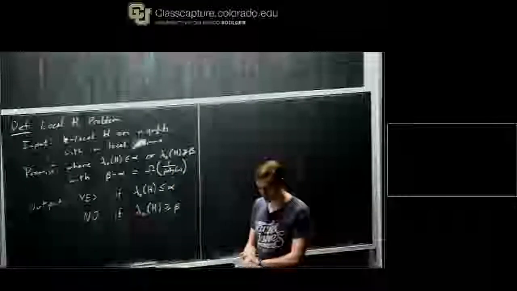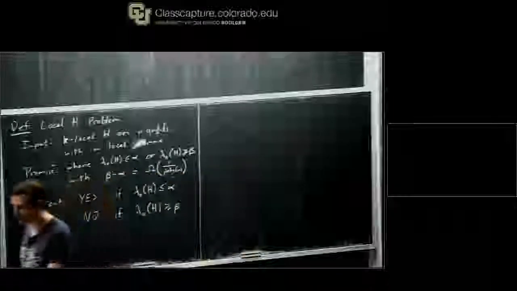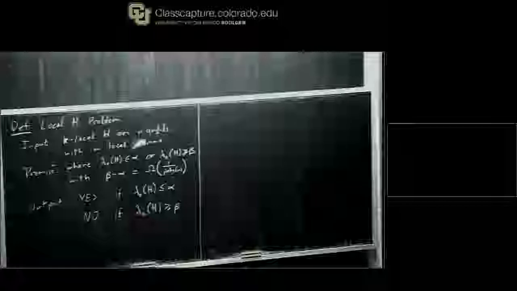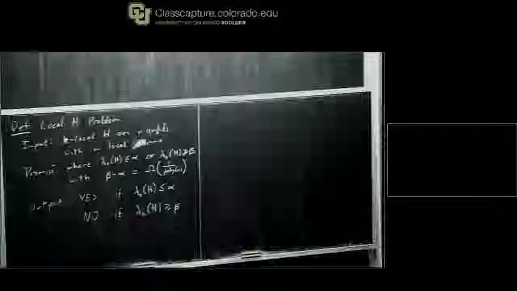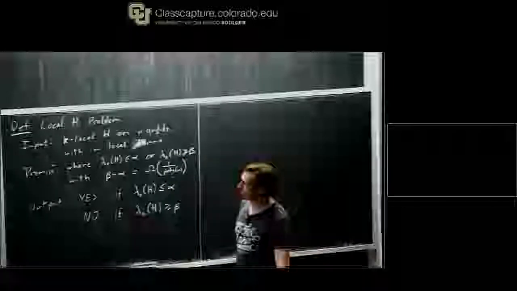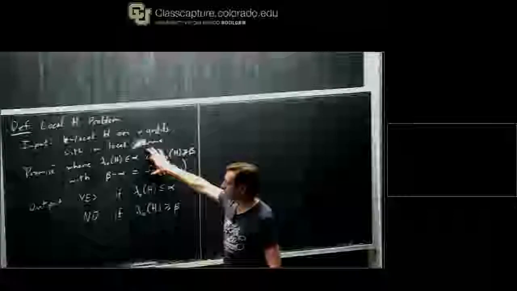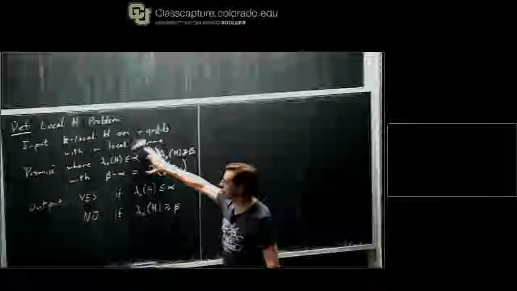So what about this promise? You can formally define promise problems, which is a standard thing in complexity theory. I just didn't talk about them last time. Rather than define formally what a promise problem is, you can think about this promise in a number of ways.